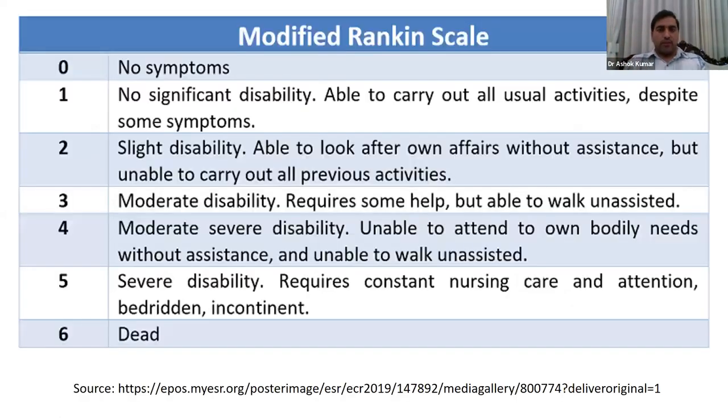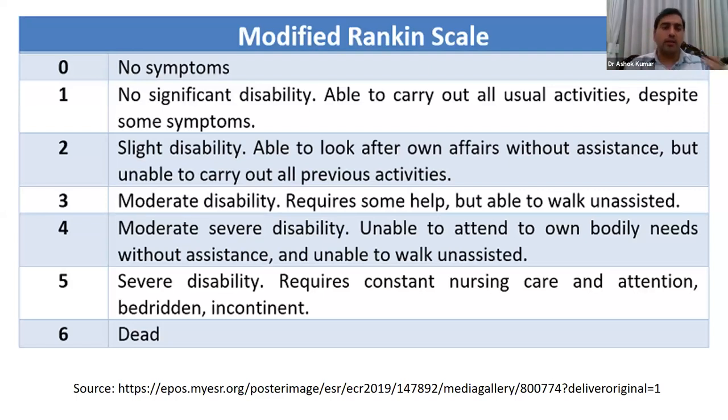Then this is the modified Rankin scale, MRS, a 0 to 6 scale. The GCS score, Glasgow Coma Scale, is also like this. 0 means no symptoms, and 6 is dead: no symptoms, no significant disability, slight disability, moderate disability, moderate to severe disability, and dead.